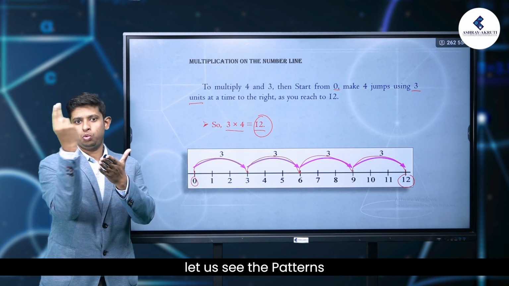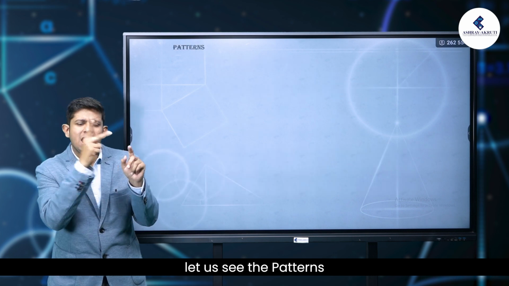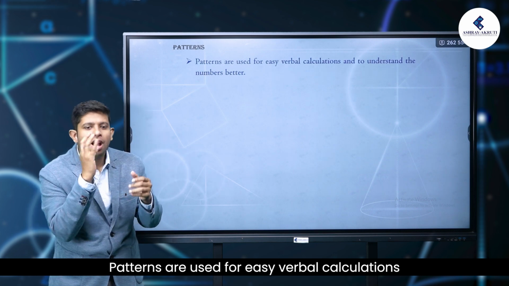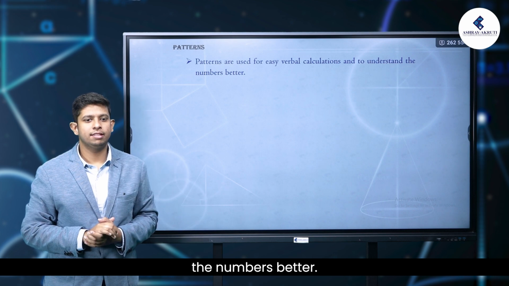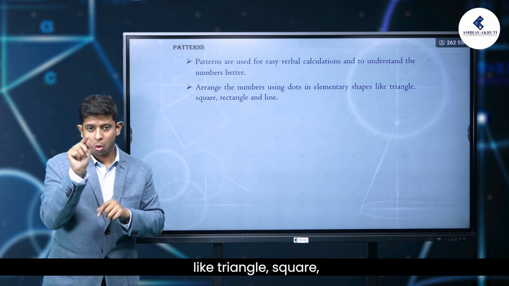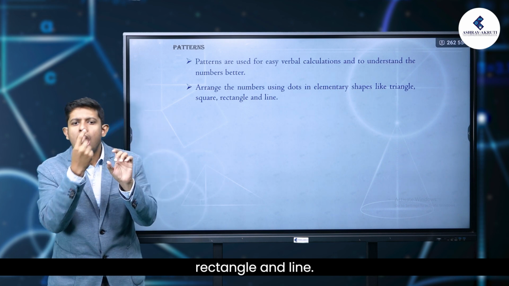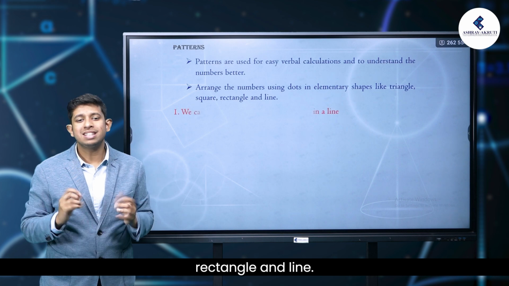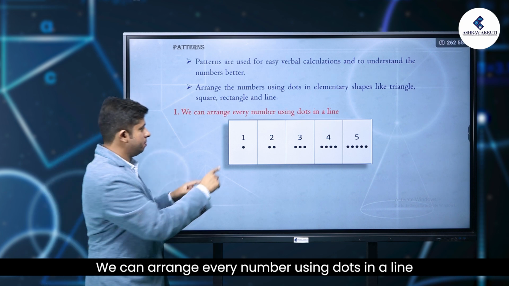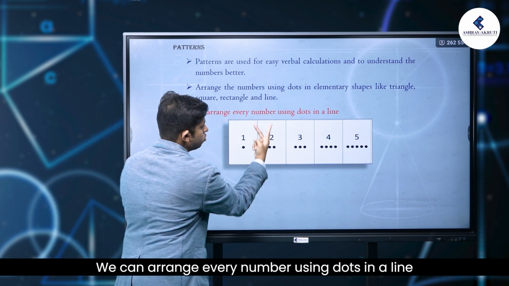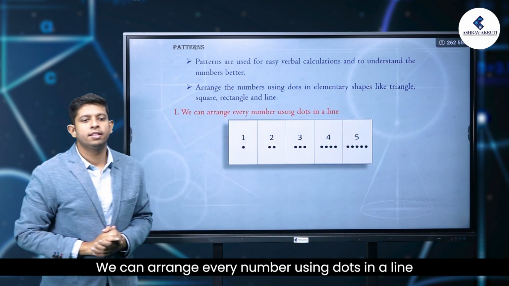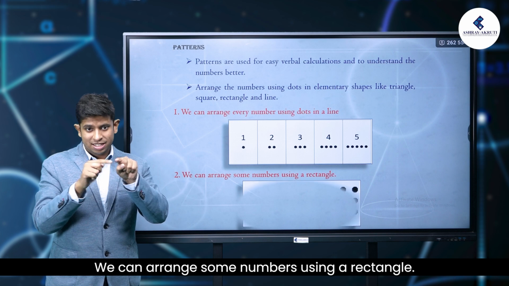Children, now let us see the patterns. Patterns are used for easy verbal calculations and to understand the numbers better. We can arrange the numbers using dots in elementary shapes like triangle, square, rectangle, and line. We can arrange every number using dots in a line. We can arrange some numbers using a rectangle.